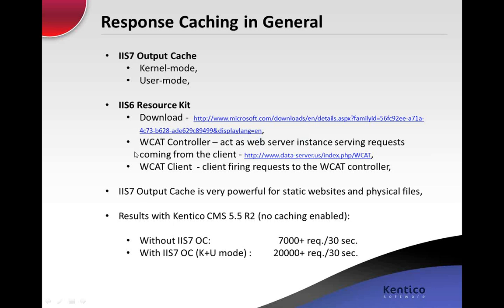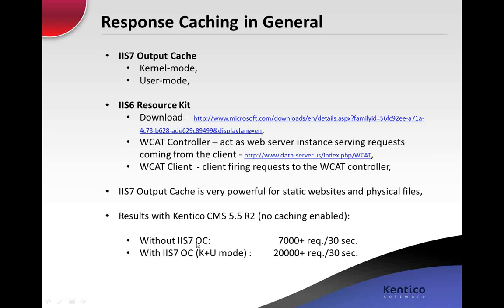I was using the WCAT controller and client to simulate several clients, and I've been hitting the default ASPX page of my Kentico 5.5 R2 instance, and here are the results.